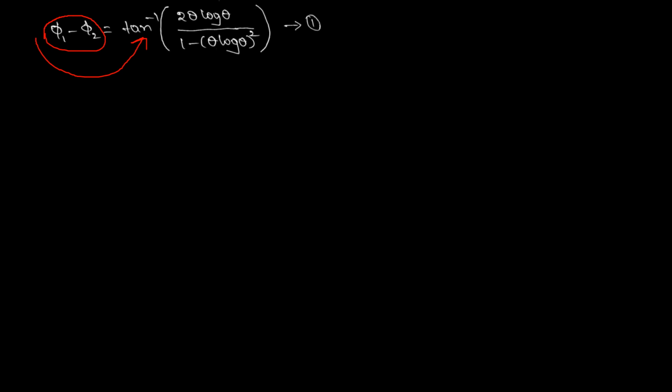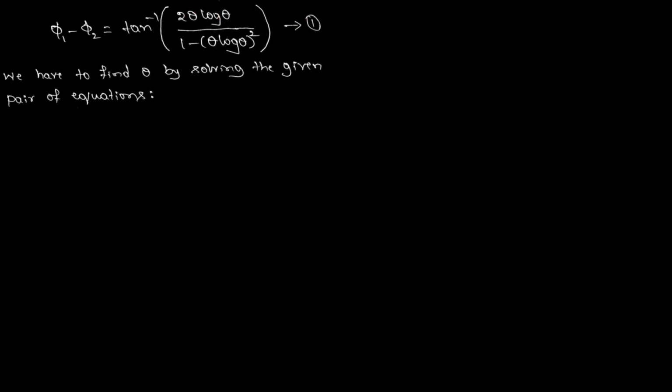Now we need to find the value of theta from the given expressions in the question, and substitute back in equation number 1. We have to find theta by solving the given pair of equations: r is equal to a log theta and r is equal to a by log theta. Since in these two equations the LHS is the same, let us compare the RHS.